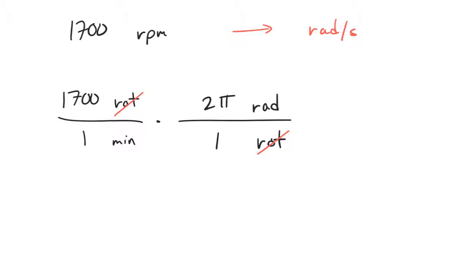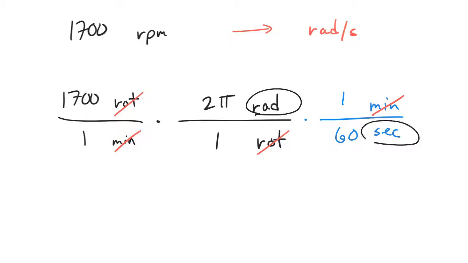I don't want minutes anymore, and they're in the bottom, so what do I do? Multiply by 1 minute over 60 seconds, so multiply by something with minutes up top. Minutes can convert to seconds very easily with a ratio of 1 minute for every 60 seconds. As a result, minutes cancel in both spots, which leaves me with radians per second.